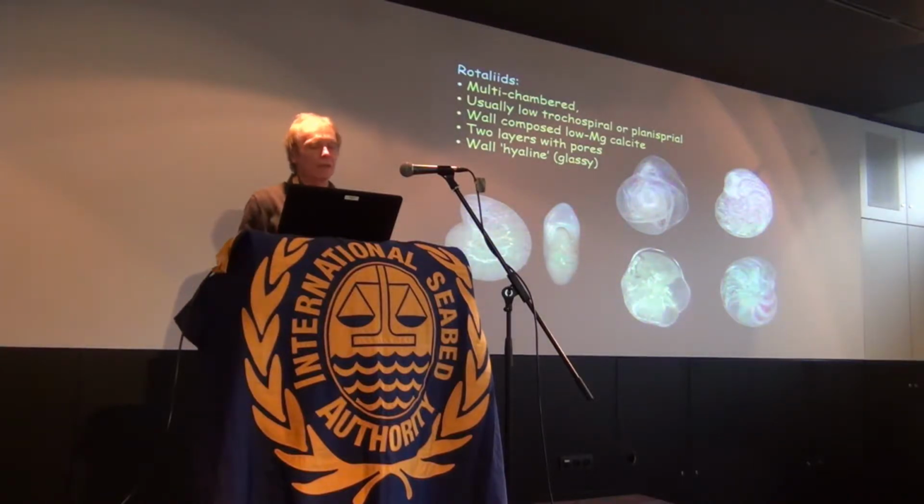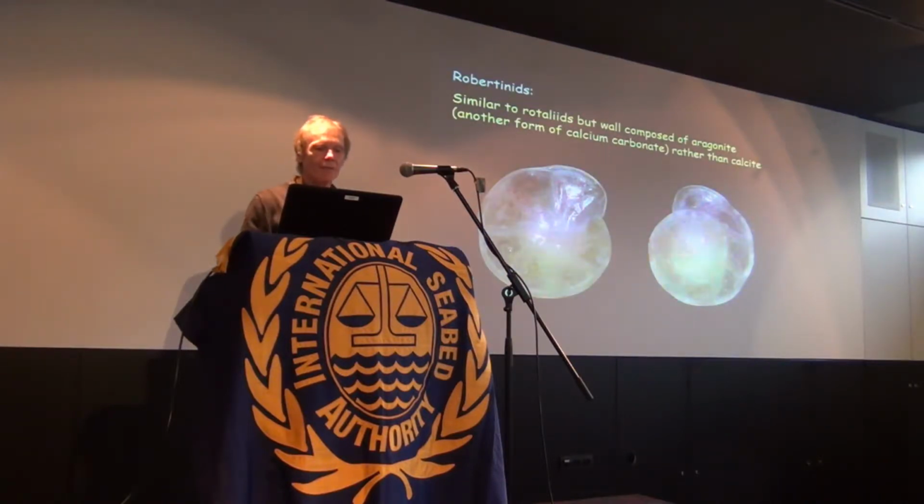Now this is really the most important group of calcareous forams. Again, these are multi-chambered. Usually the chambers are arranged in a low spiral or planispiral pattern. The wall is composed of low magnesium calcite arranged in two layers with pores, and the wall is hyaline, which really is just a fancy way of saying it's glassy. And finally the Robertinida, which are similar to the rotaliids, but the wall is composed of aragonite, which is another form of calcium carbonate rather than calcite.